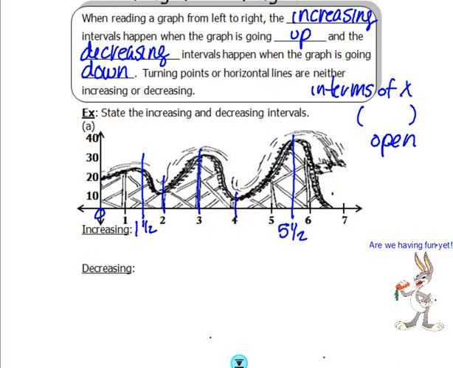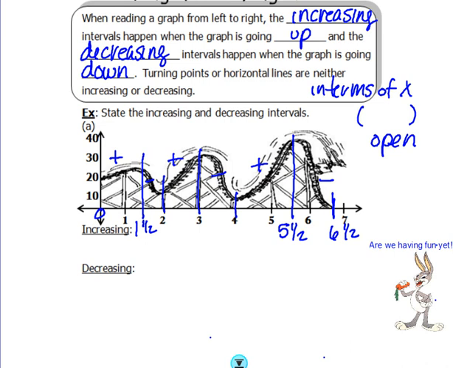And then finally, we stop this particular piece at about 6.5. All right, reading from left to right, going up is increasing, so I'm going to go plus for increasing, and going down is decreasing. So I'm just going to go through and put the plus and minuses. So down, back up, and then finally down.